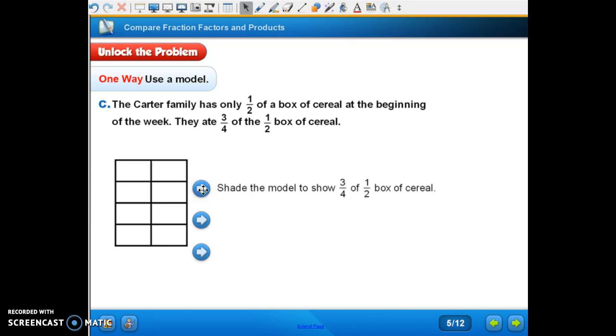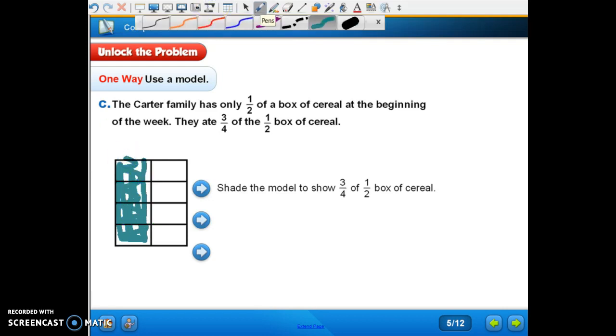Shade the model to show 3/4 of 1/2 box. So, first we're going to shade 1/2 of the box. That's what they had. Okay. Then we're going to shade 3 of those 4.